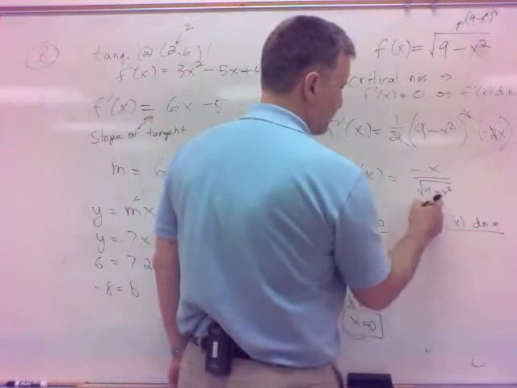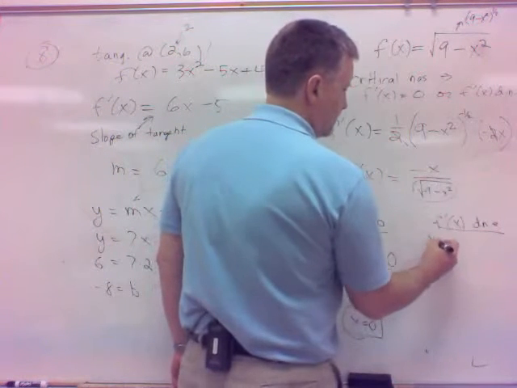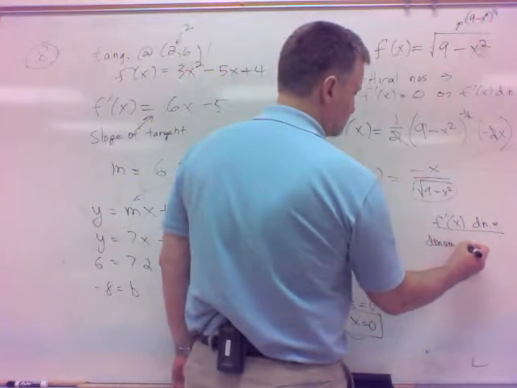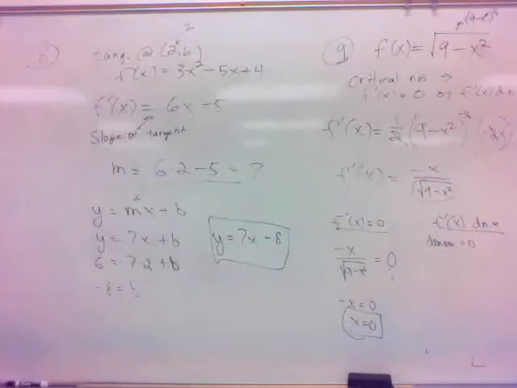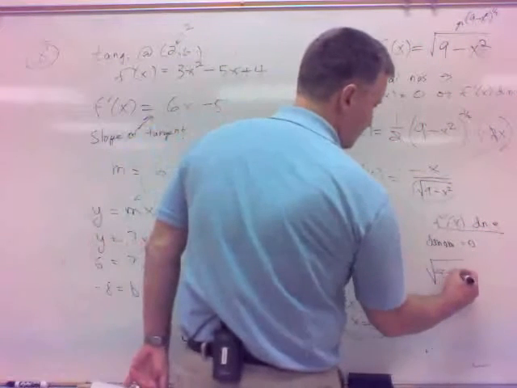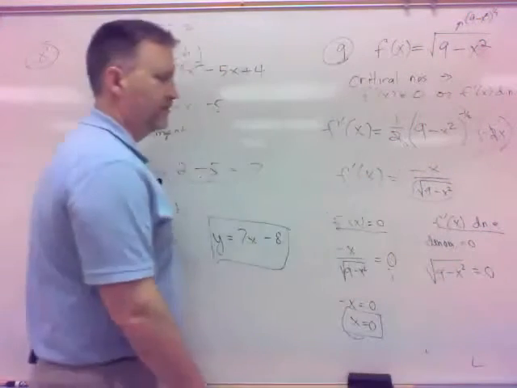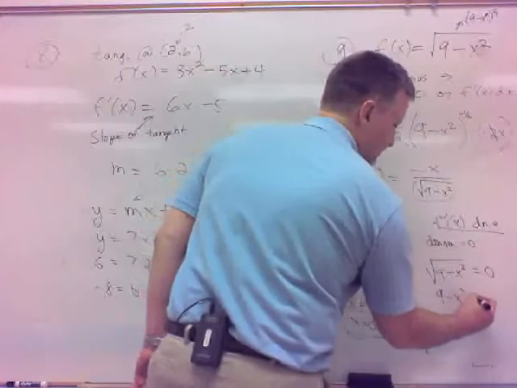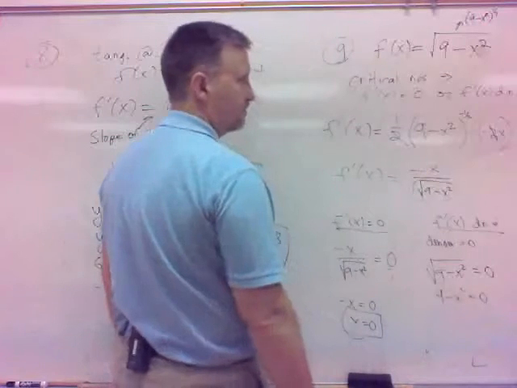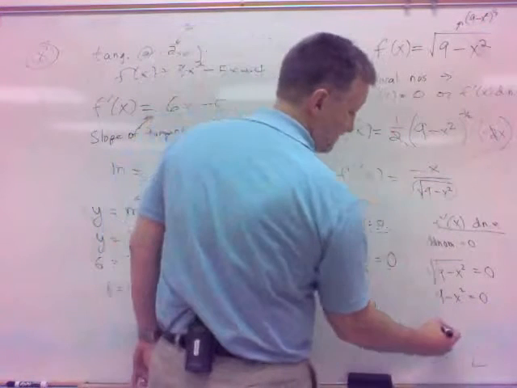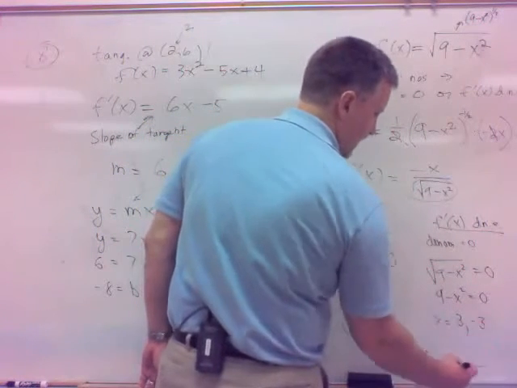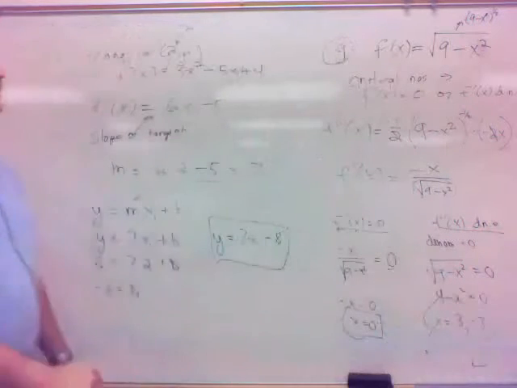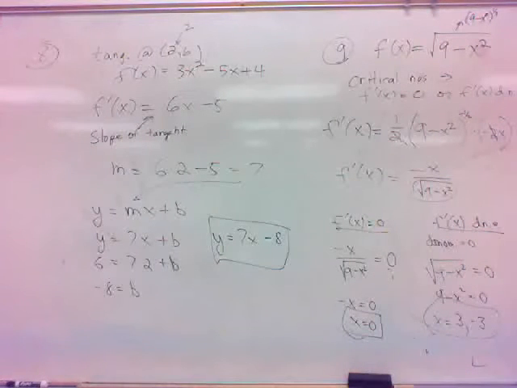So where does this denominator equal 0? Where the square root of 9 minus x squared equals 0, which, squaring both sides, is just 9 minus x squared equals 0. Where would that be? Plus or minus 3. So you've got 0 as a critical number, 3 is a critical number, negative 3. Does that make sense?